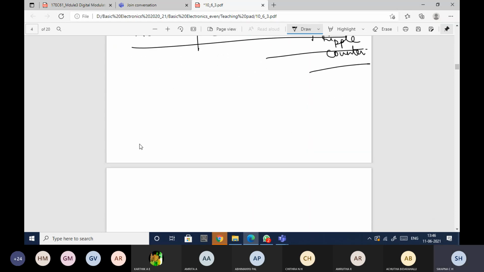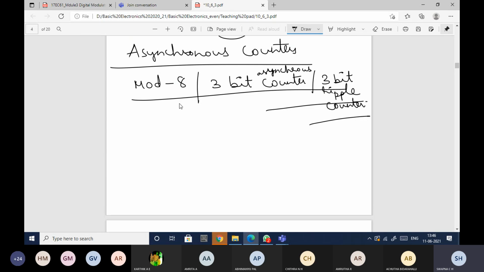Otherwise, as I've already mentioned, mod 8. Now tell me how many bits are required? 3 bits. Okay, so 0 0 0. It has to start from 0 0 0. Then it needs to count until 1 1 1.